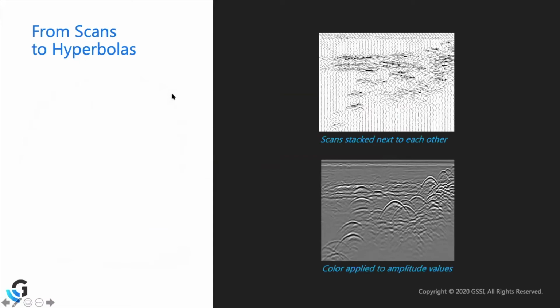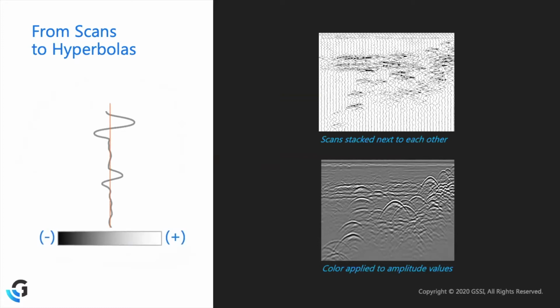So let's start with the way that the system initially understands the data as a series of these scans all stacked together. Now, if we were to take one of those individual scans and draw a line right down the center of it, we would say that anything to the right is going to be positive, anything to the left is negative.